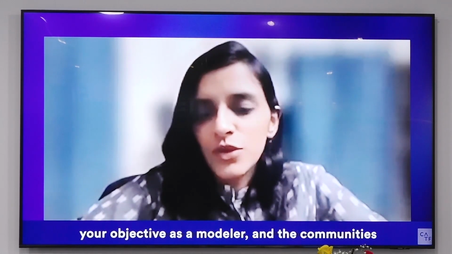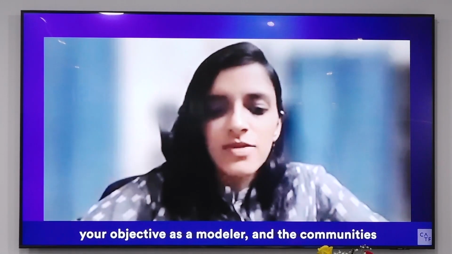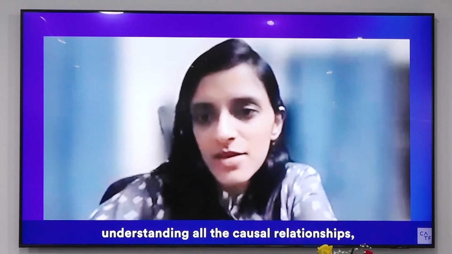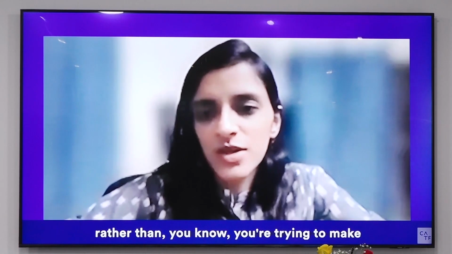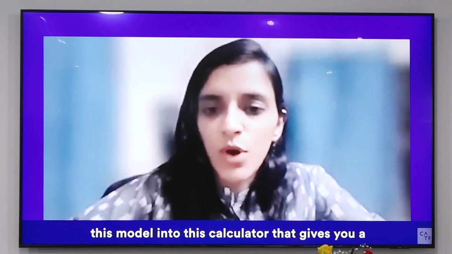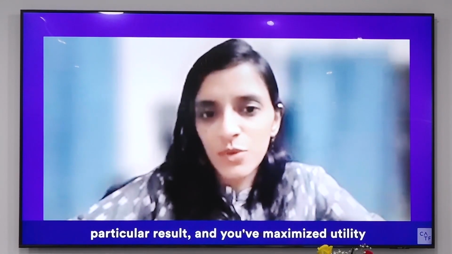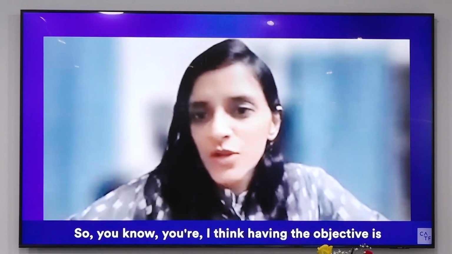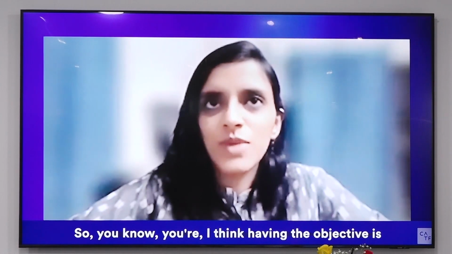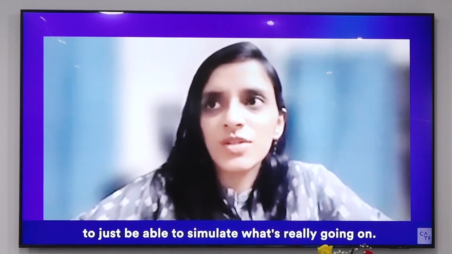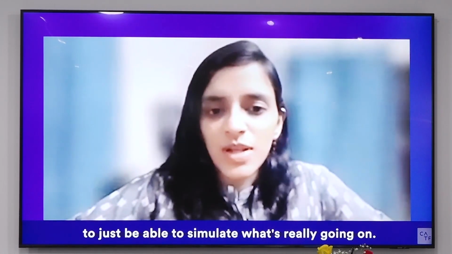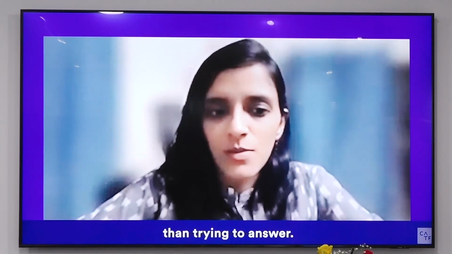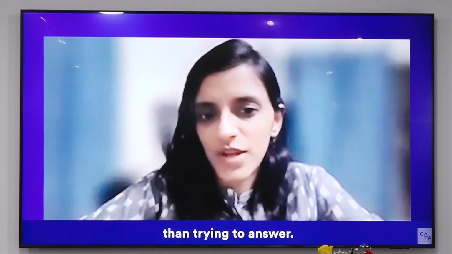Then your objective as a modeler, and for the communities that you engage with, is just about understanding all the causal relationships, rather than trying to make this model into a calculator that gives you a particular result, where you've maximized utility and minimized cost. So having the objective be just to simulate what's really going on, you're trying to find out more than trying to answer.